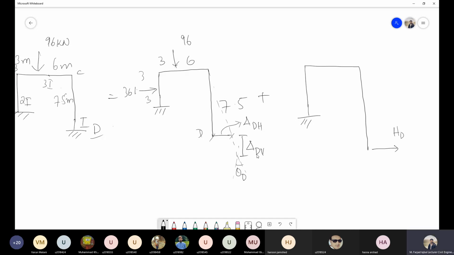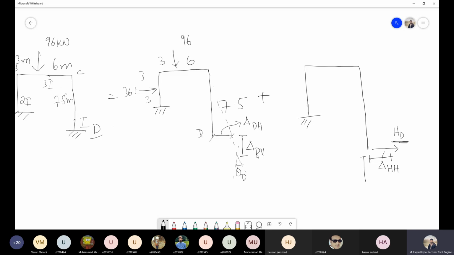This will be our horizontal reaction, and due to this one there will be a horizontal deflection. Let's call this delta dash HH. That means the horizontal deflection at point D due to the horizontal load. That's why I'm using this term HH.